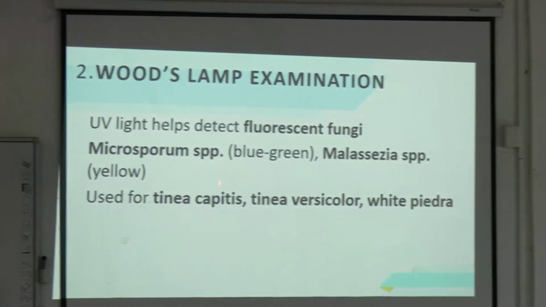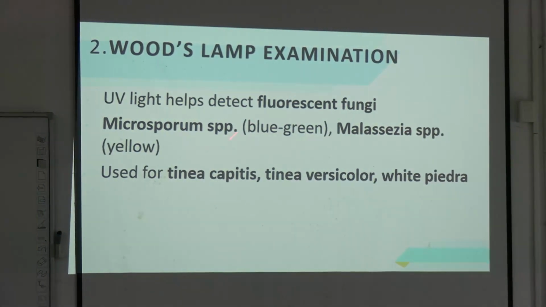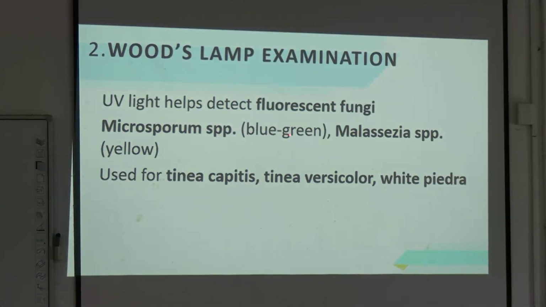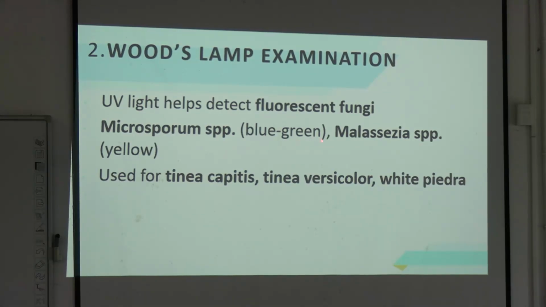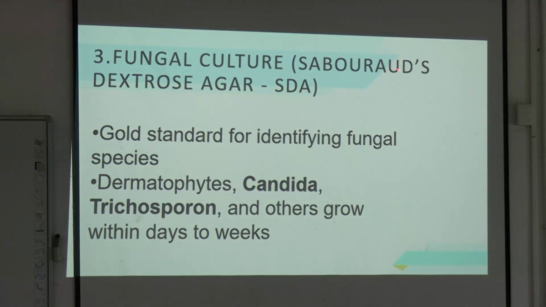Some fungi fluoresce, under the fluorescent microscope they give a different fluorescence. Microsporum species gives blue-green, and Malassezia species. It is used for Tinea capitis, Tinea versicolor and white Piedra. So in these cases we use Wood lamp examination.